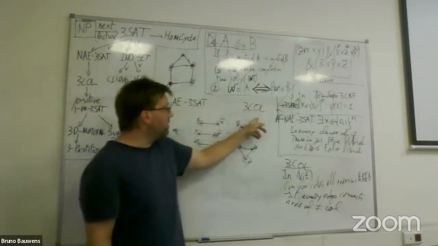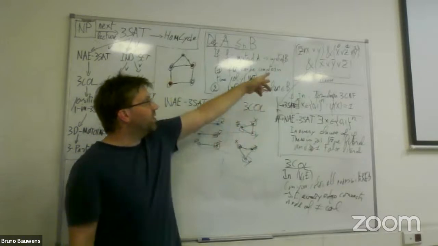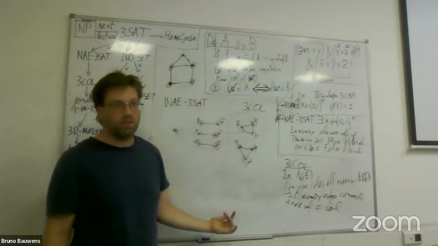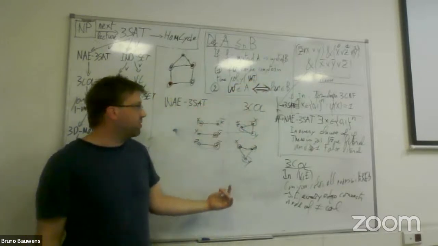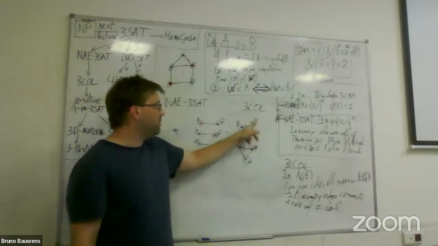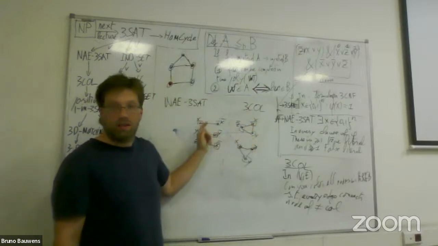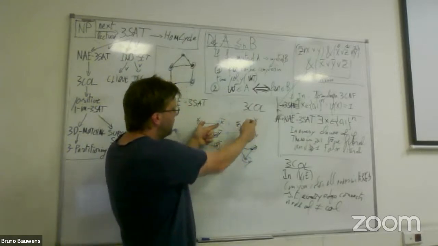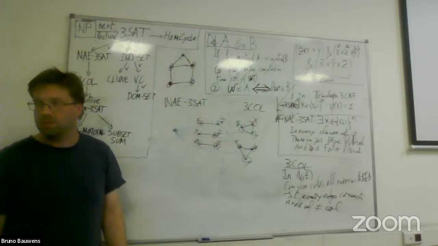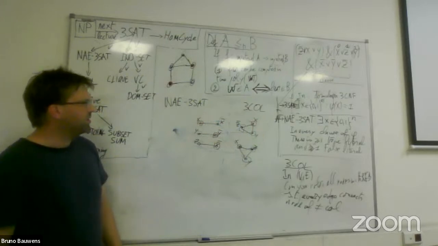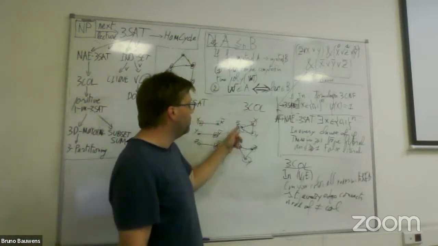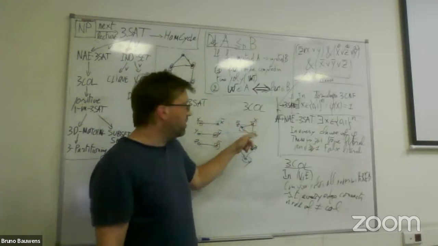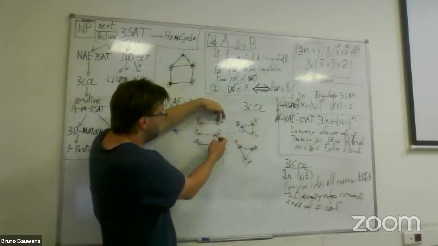And then from here, we read off that indeed every clause contains a true and a false literal. Because if we have 3 true literals, then we cannot color it, because 3 times we are next to a green one.